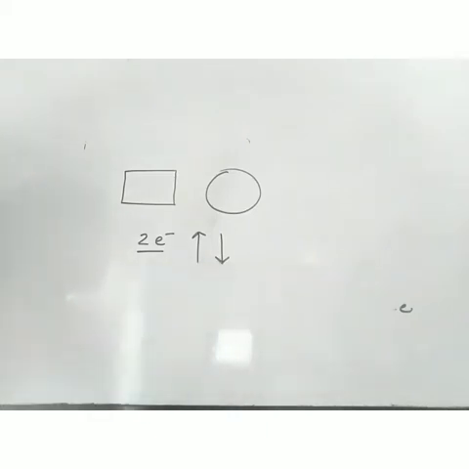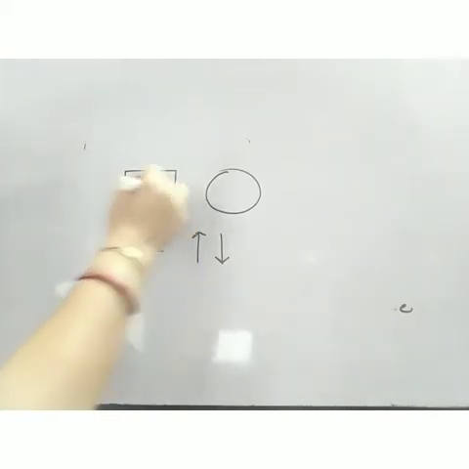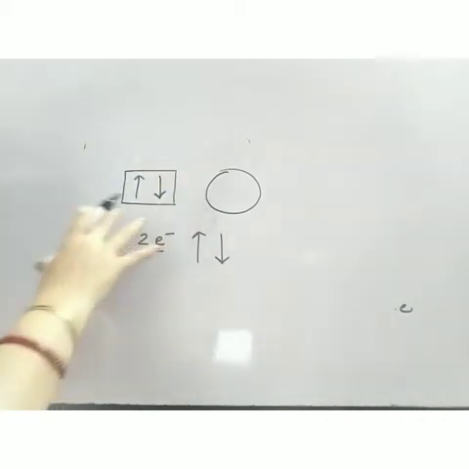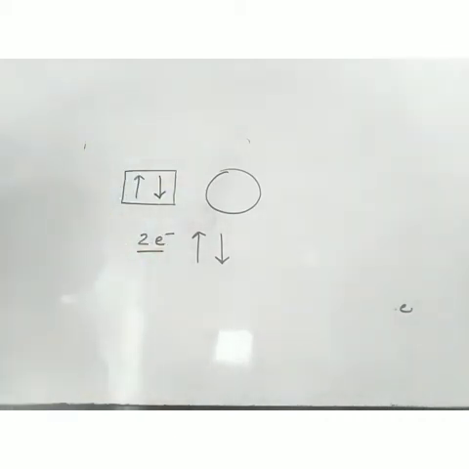This arrow represents the spin of the electron. So one orbital can accommodate 2 electrons, and if both the electrons are in the orbital, their spin should be opposite like this. This is a way to represent or locate electrons on paper.